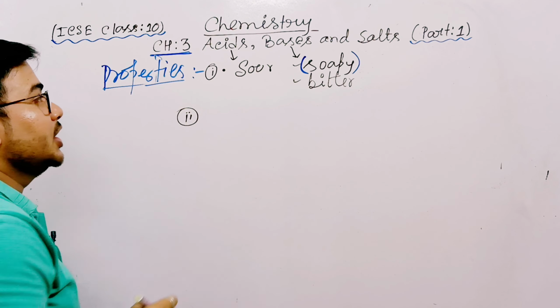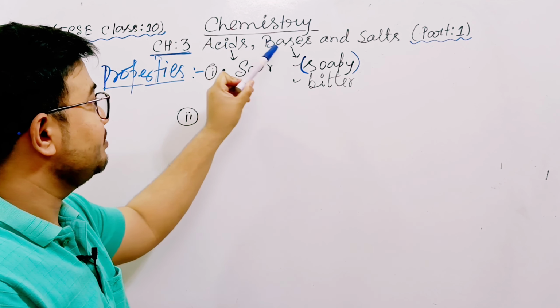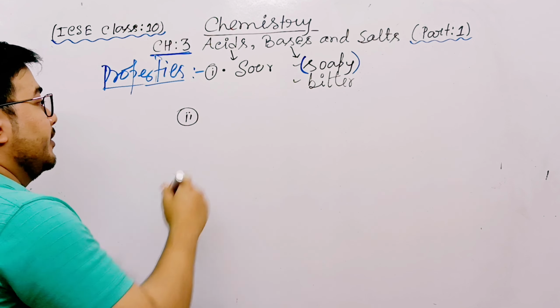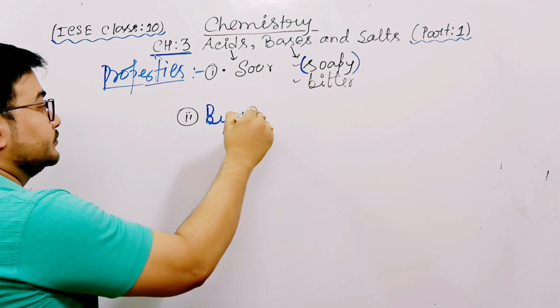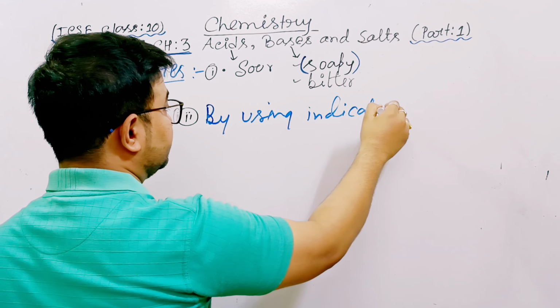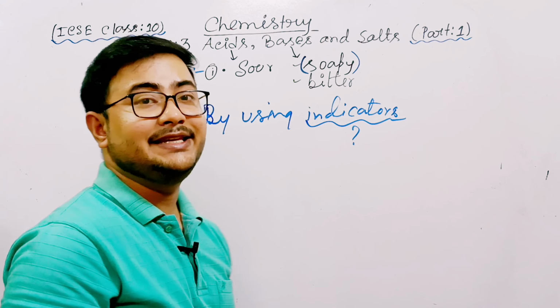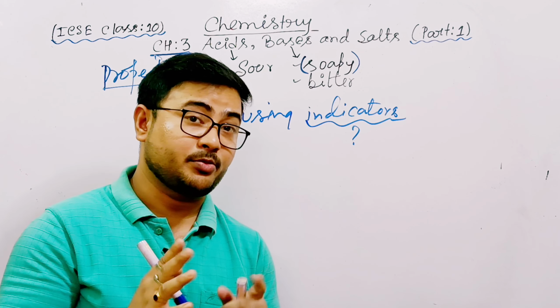Second point, we can also identify acids and bases by using indicators. Now my question is, what is an indicator? Listen first properly.